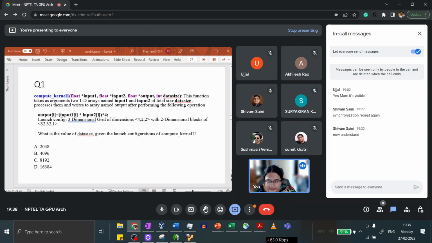I'll give you 2 to 3 minutes for this. Try and solve it, and then we'll discuss the answer. Feel free to put your answers on chat. It doesn't matter if it's wrong.